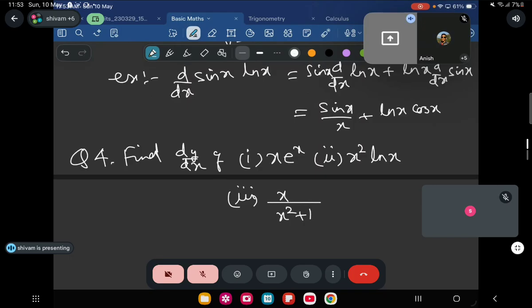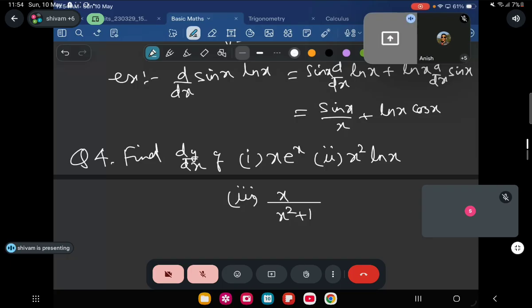Second one, you are making a mistake. Third one, I think it is correct. Check the first two. 1 and 3 are correct.